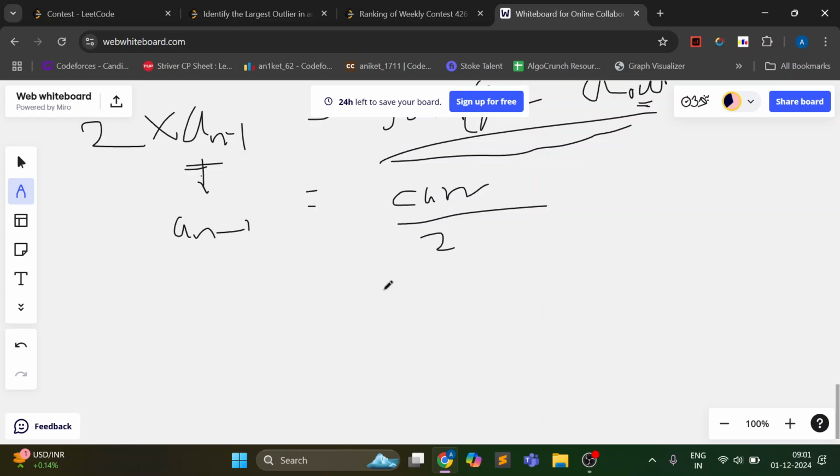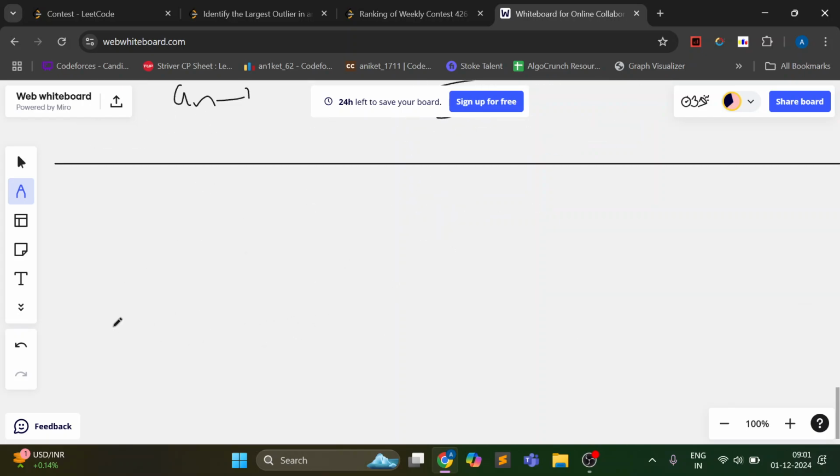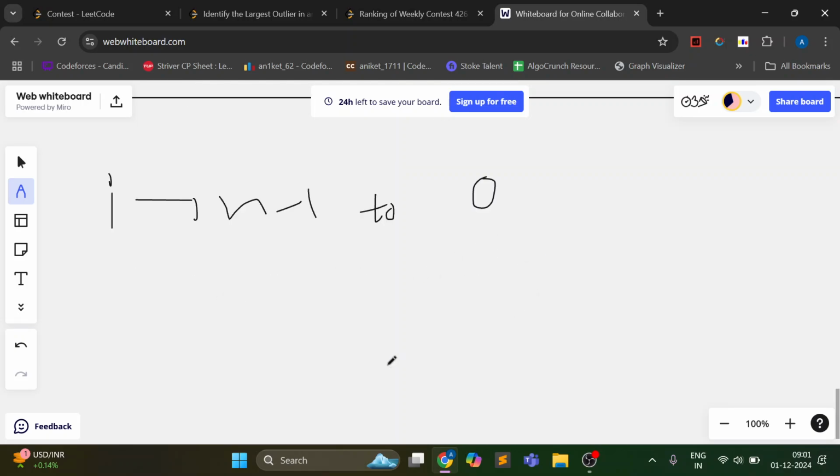So based on these conditions, our final solution should look like this. We will sort the array and iterate from n minus 1 to 0. Now the ith element, we are considering it to be an outlier.